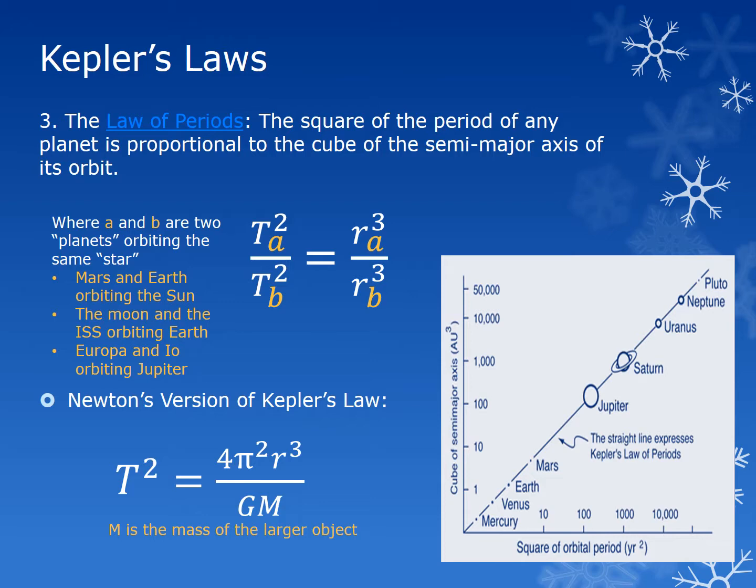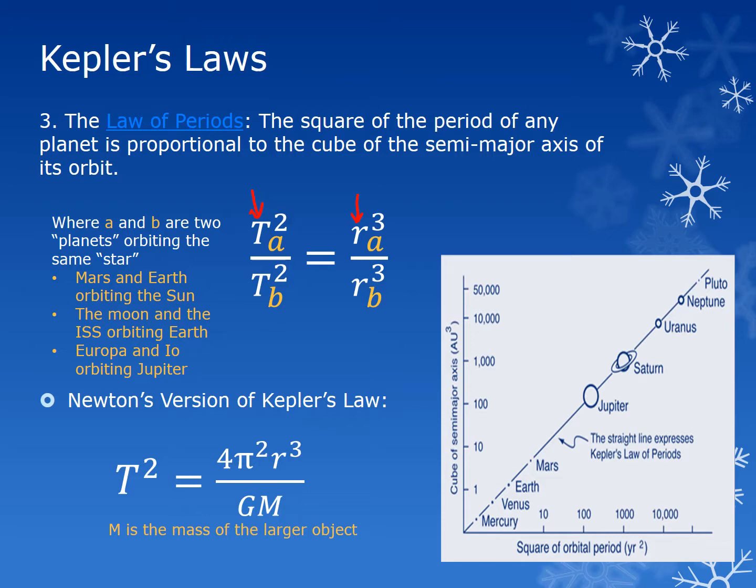And what it says is that the periods of any two planets, and remember capital T is for period, those periods squared are proportional to the distance between those planets and their star cubed.